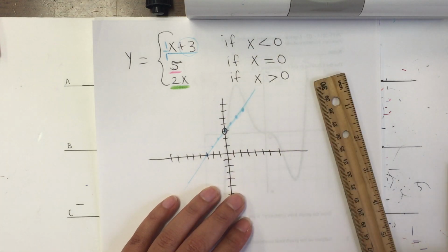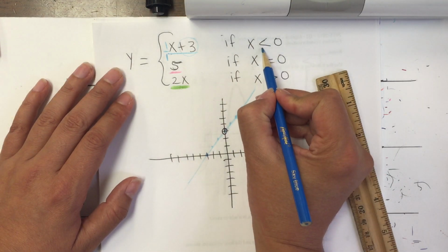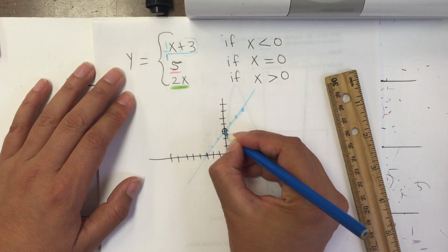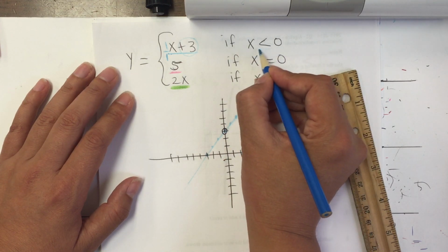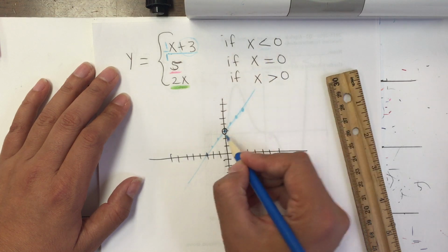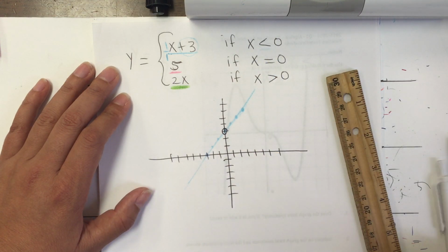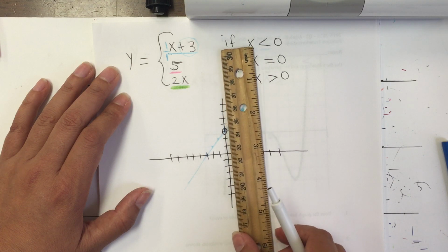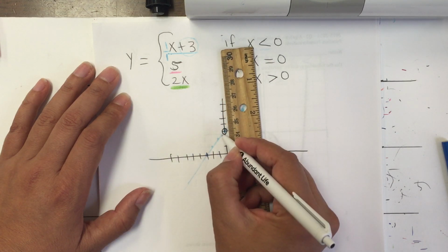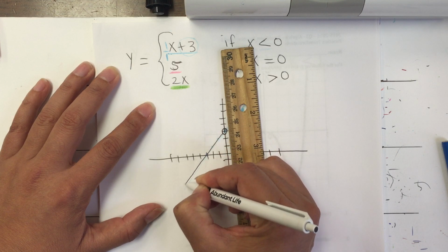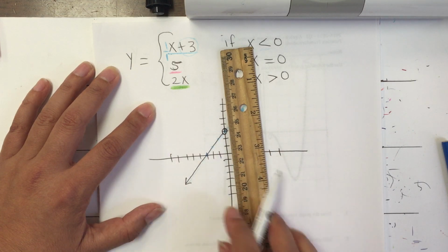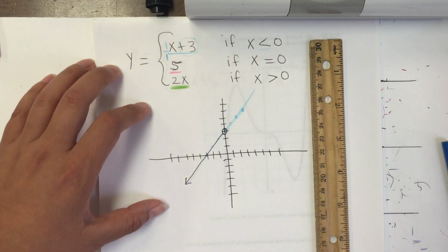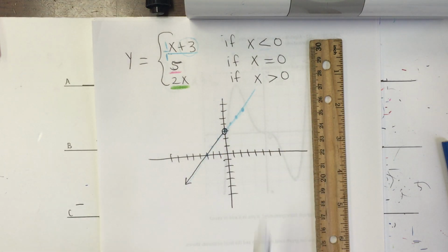The other thing is that from before, you have learned that if you have an equal sign, we close the circle. But since it doesn't have an equal sign, it means that the circle is going to be open. And so, again, my x less than 0 are on this side, so my graph is only going to be on this side. Only the part with an open circle because it has no equal sign underneath the inequality symbol.